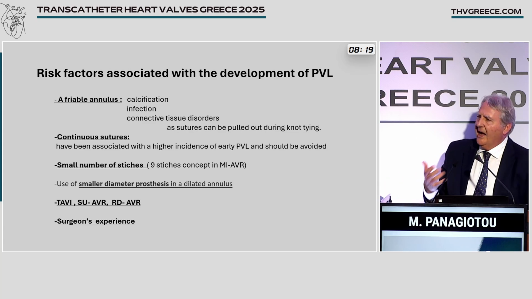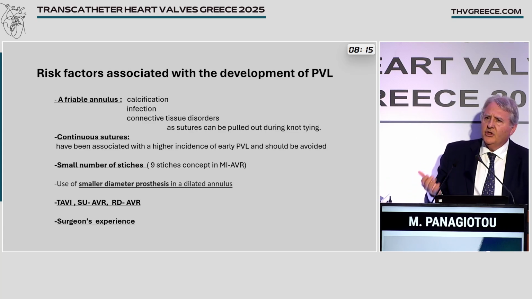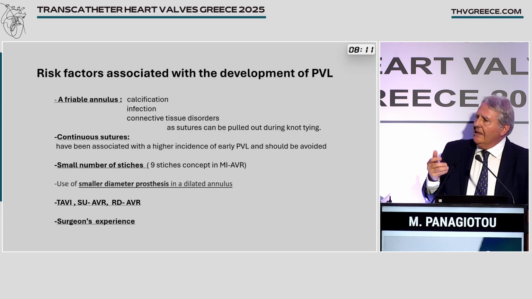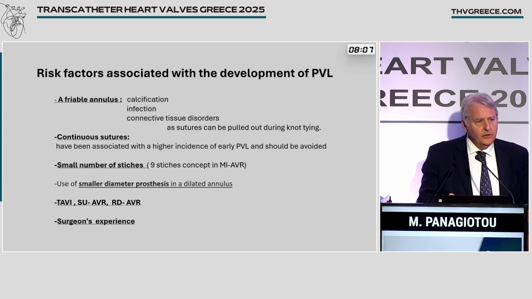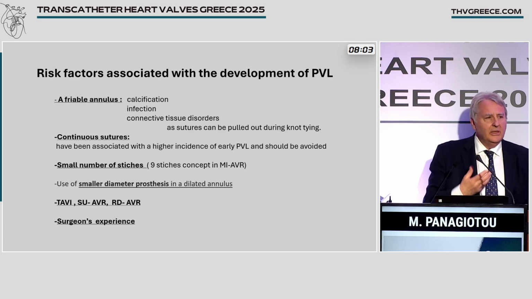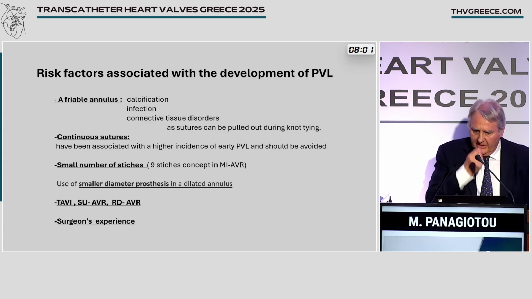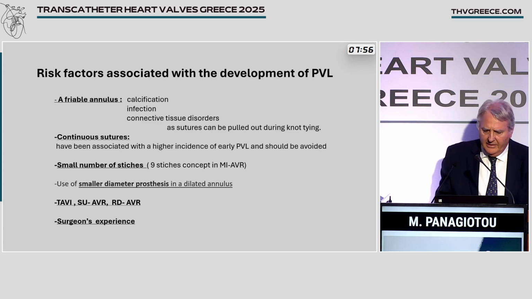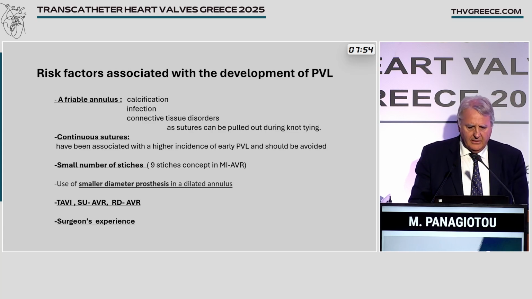What are the risk factors associated with the development of a paravalvular leak? It has to do with the annulus, with the environment, and with the surgeon's experience or intraoperative choices, like continuous stitching, which we should avoid because it has a much higher incidence of early paravalvular leak, compared to putting in intermittent and a big number of stitches.